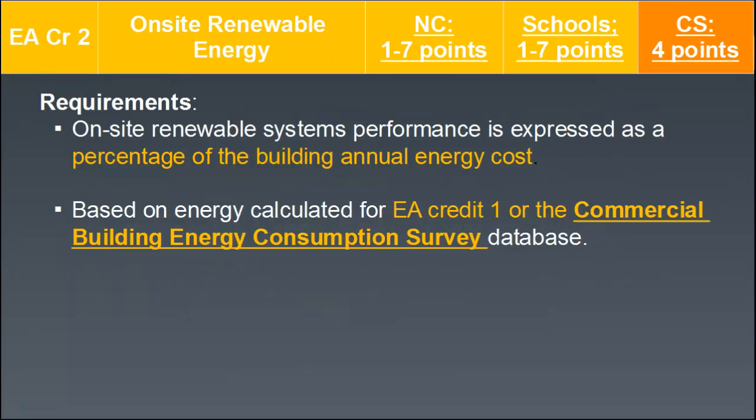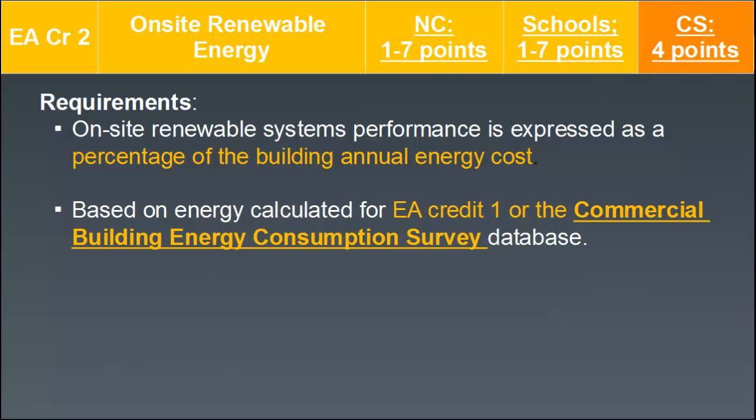EA Credit 2, on-site renewable energy, is the second most heavily weighted credit in the LEED rating system, version 3, for new construction and major renovations. The requirements include on-site renewable systems performance expressed as a percentage of the building's annual energy costs, similar to EA Credit 1.